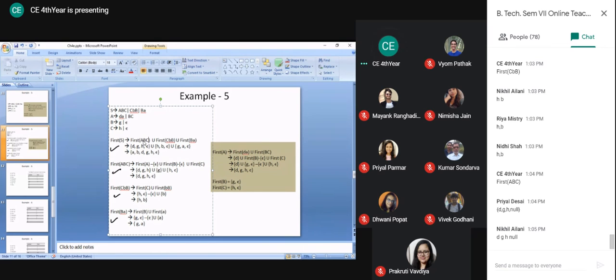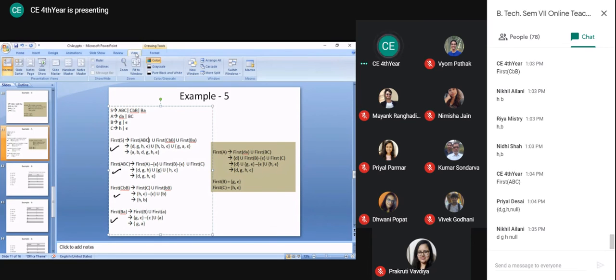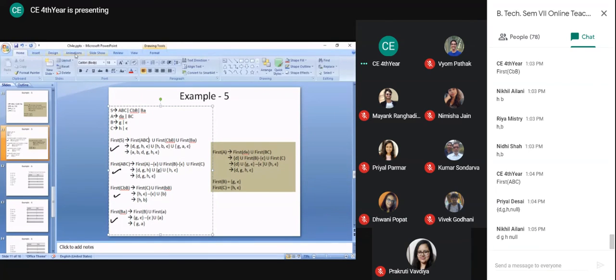So this will give us A, B, D, G, H and null.